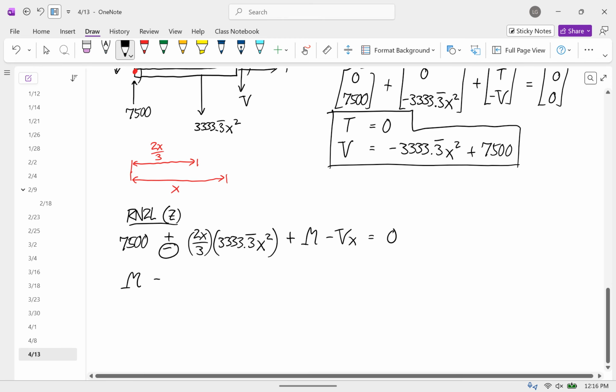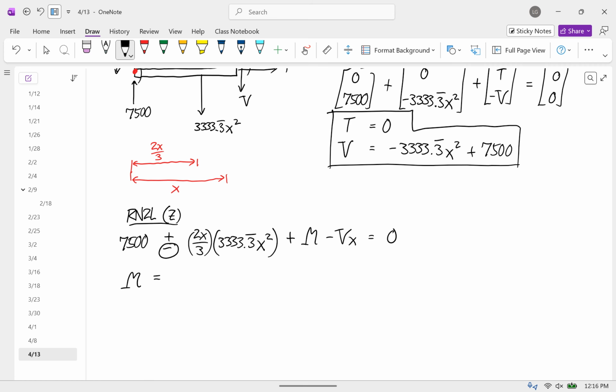So M is equal to 2222.2 repeating x cubed, and then we have plus Vx, which is minus 3333.3 repeating x cubed plus 7500x.